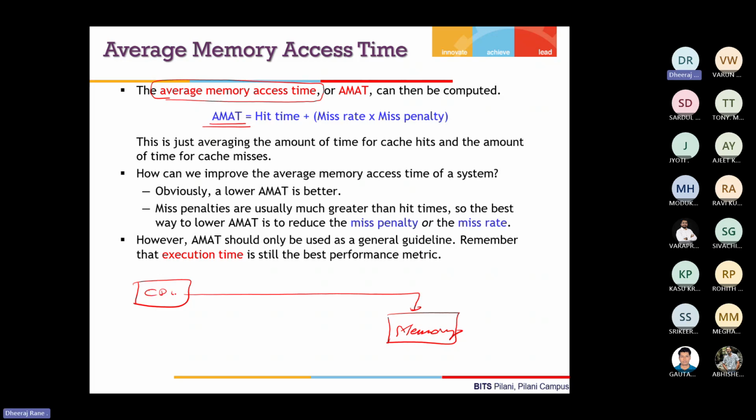So suppose the direct memory access time is X, and if my average memory access time is less than X, then it's a win-win situation by utilizing the cache. At a later stage, if my average memory access time increases beyond X because of cache misses, ultimately it is not a good sign, right?